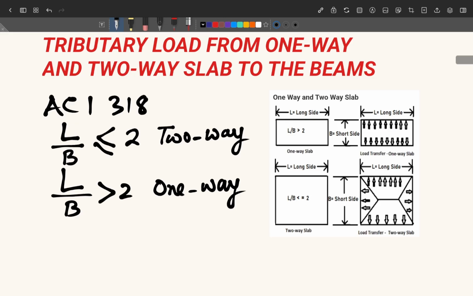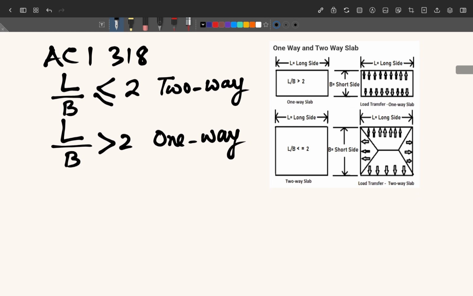So now we take one example, and with the help of that example, we will learn how to calculate the load from one-way slab and two-way slab to the supporting beams. And for that, we have taken one slab which is here. First, I will take a one-way slab, so it will be easy for you to understand.